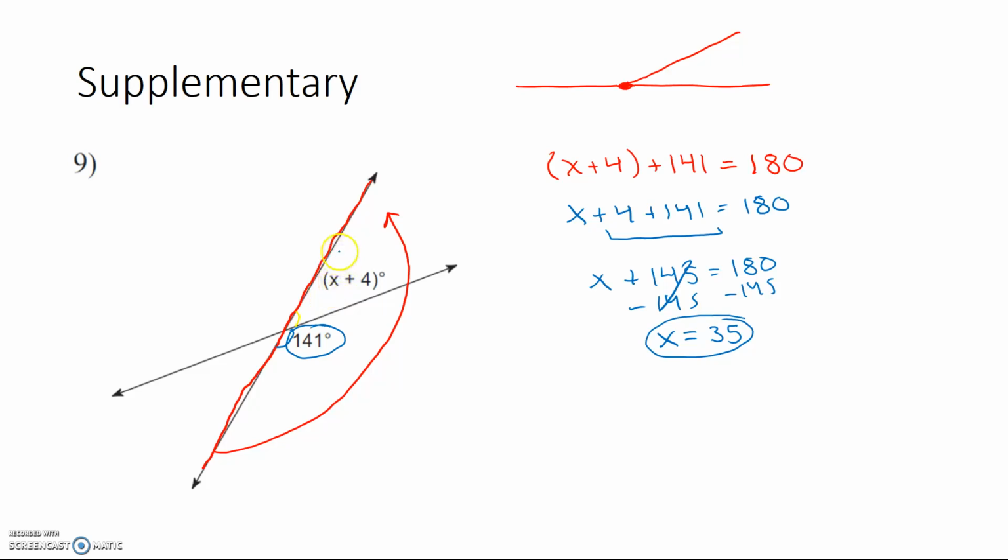So 35 plus 4 gives me 39 degrees. This angle, the one I highlighted in yellow, measures 39 degrees. The other obtuse angle measures 141. And if you add them together, because they're supplementary, they give you 180 degrees.